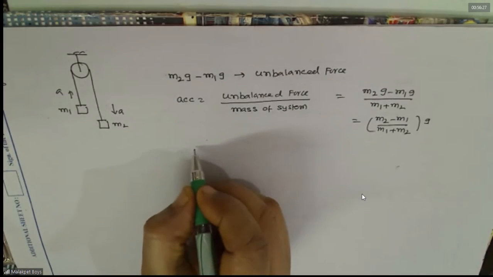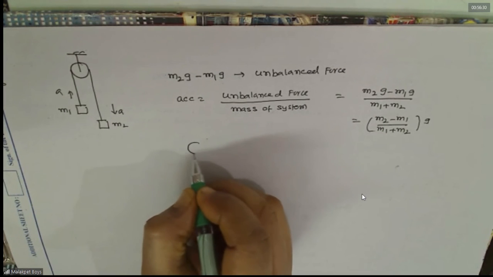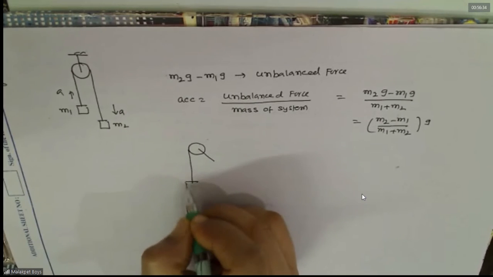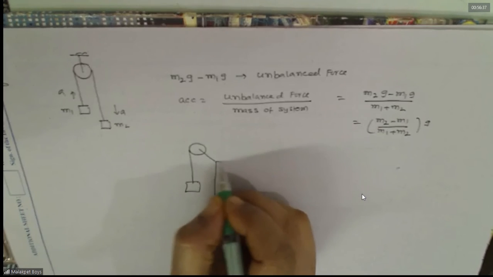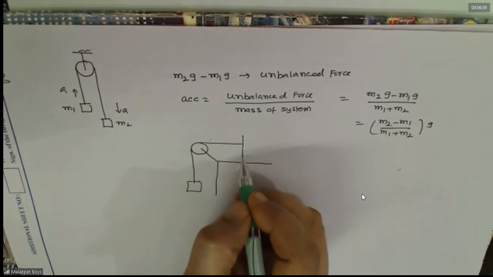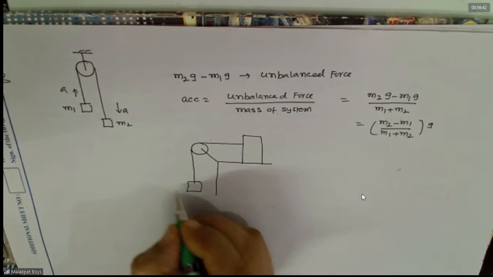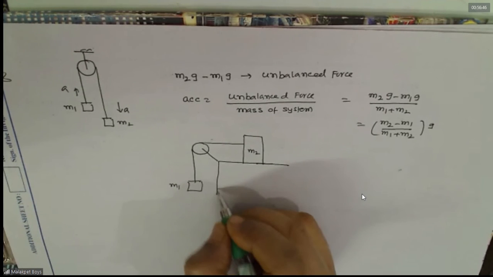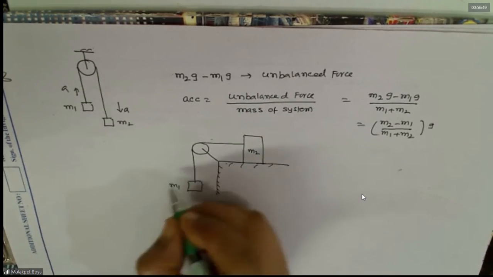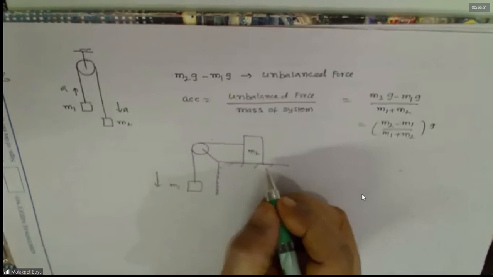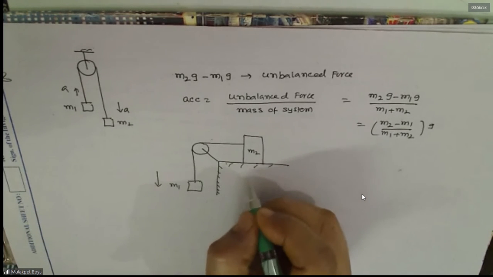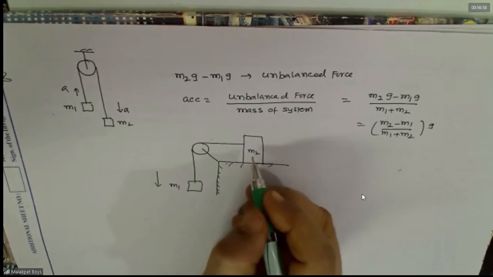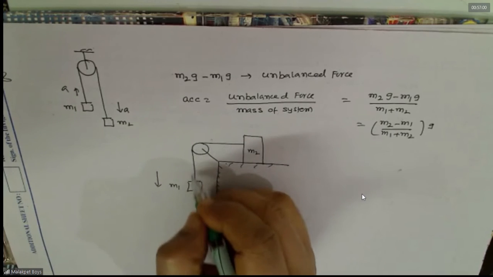Suppose you have this arrangement. What is the unbalanced force? M1G only, because M2G is balanced by the normal reaction. This is the pull due to tension, no?